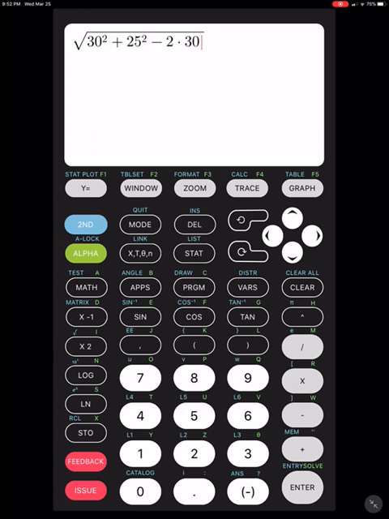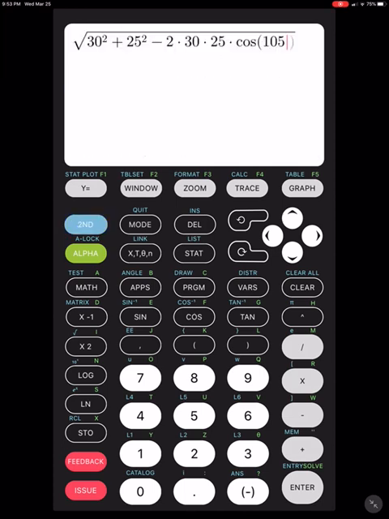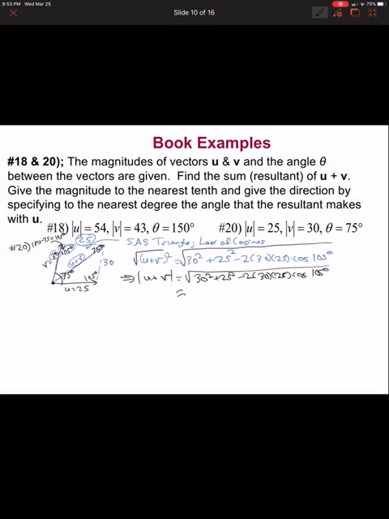We'll have to type that in. And then times the cosine of the angle opposite, which was the cosine of 105 degrees. Just again, make sure your calculator, let's check the mode, right? Our mode is degrees, so we're good on that. All right, so as we hit the enter button, we're going to get a decimal, and we want to round it to the nearest tenth. So 43.7. 43.7 would be our magnitude for vector u plus v.